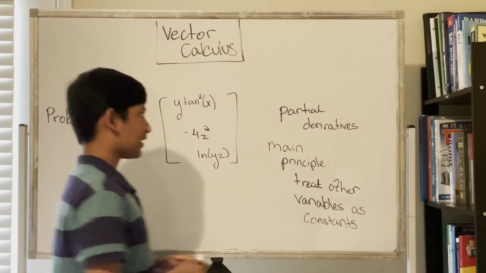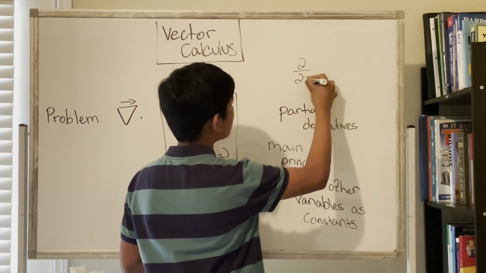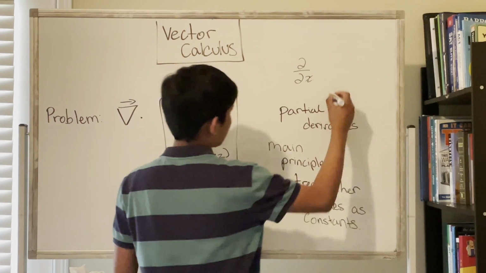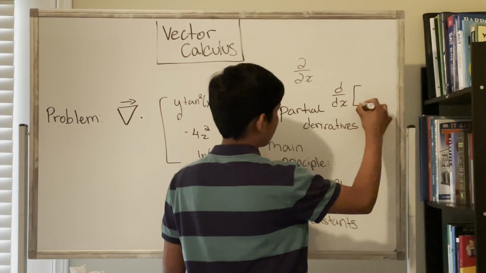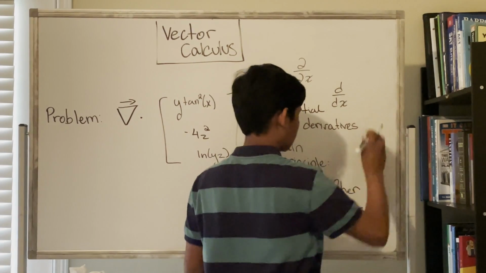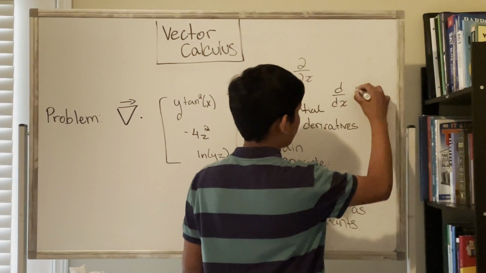So say you're taking a derivative, and remember for the partial derivative symbol, we have to use these curly d's, but let's just say you're taking the regular derivative with respect to x of, let's just say, 5xy.